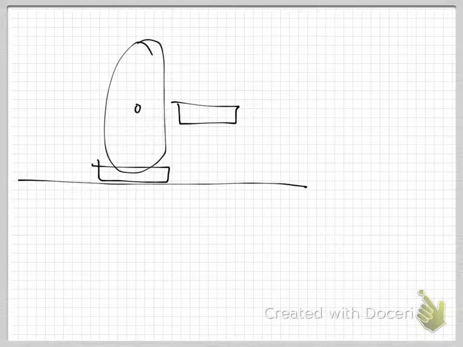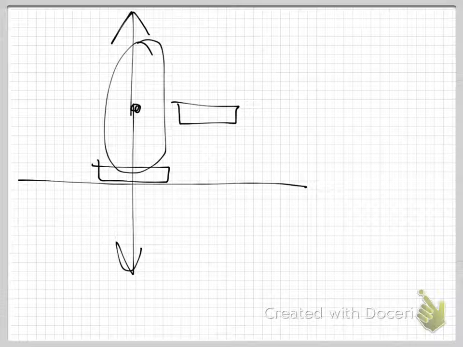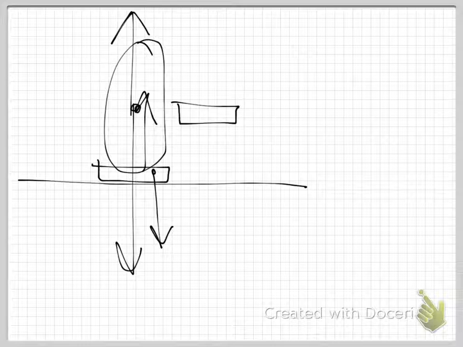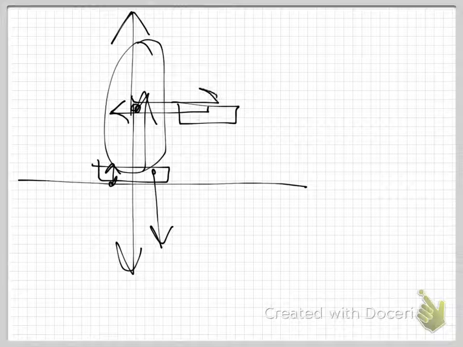We show that the Earth is exerting a force downward on you, the chair is exerting a force upward on you, the chair is exerting a force downward on the floor, the floor is exerting a force upward on the chair. The desk is exerting a force back this way on you. You are exerting a force back this way on it.